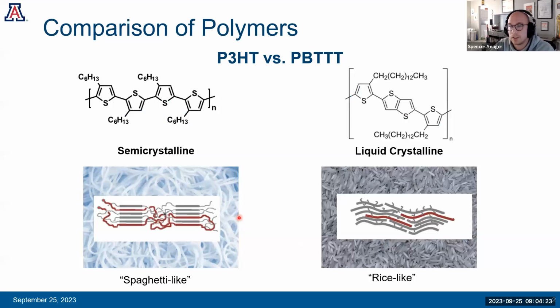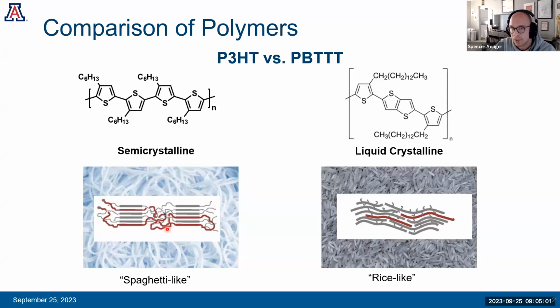So the two types of polymers that we are working with are P3HT and PBTTT. They differ in their morphology, with P3HT being semi-crystalline and PBTTT being more liquid crystalline. There are these two schematic representations of what their morphologies look like.